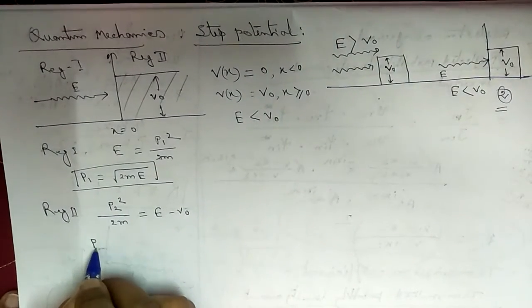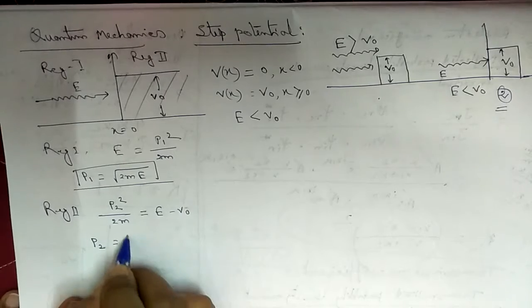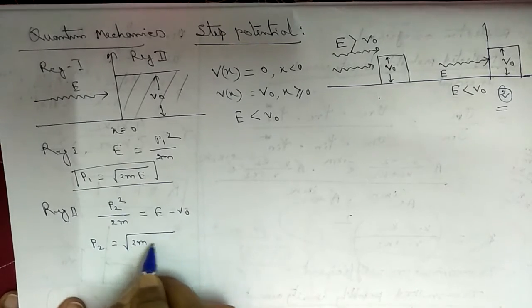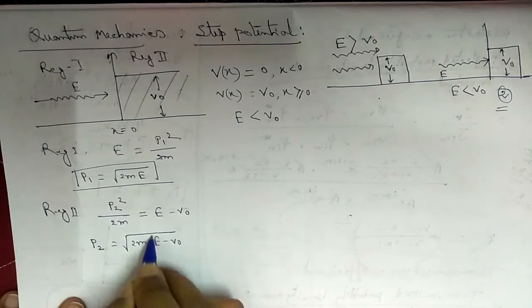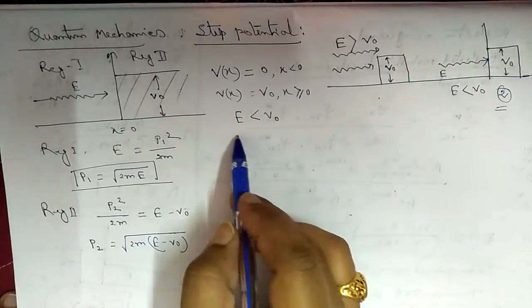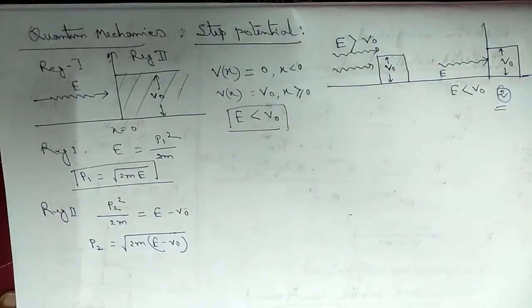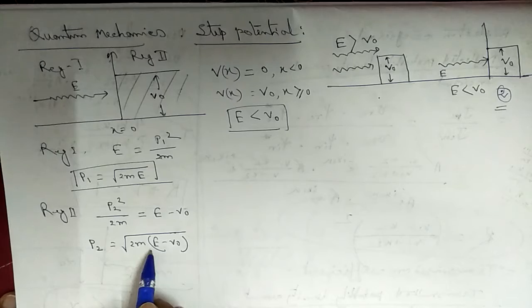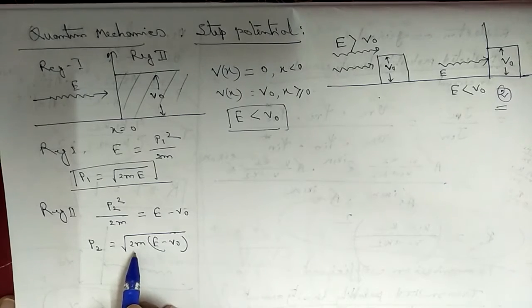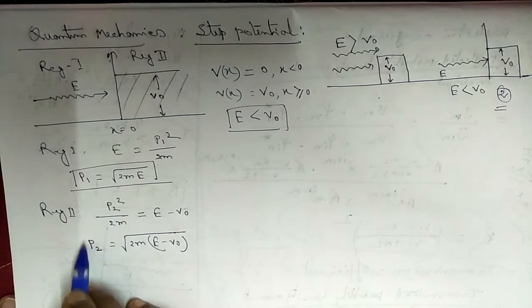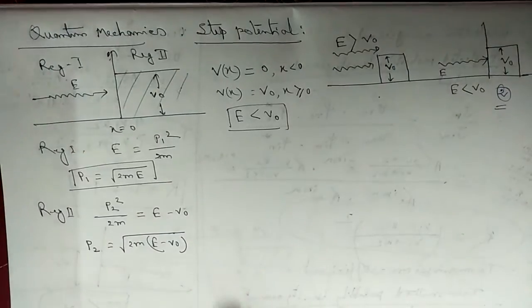So the value of p2 will be the square root of 2m into E minus V0. But look at the problem: it is designed such that E is less than V0. So this is impossible, since the momentum p2 will not exist.